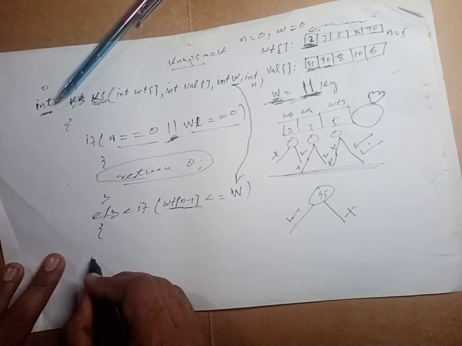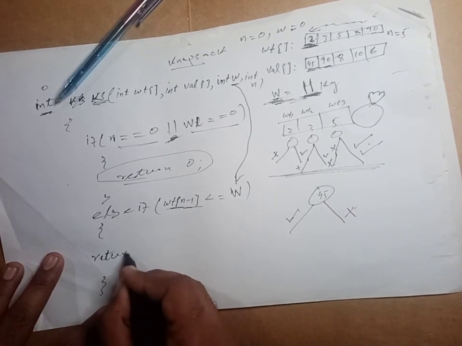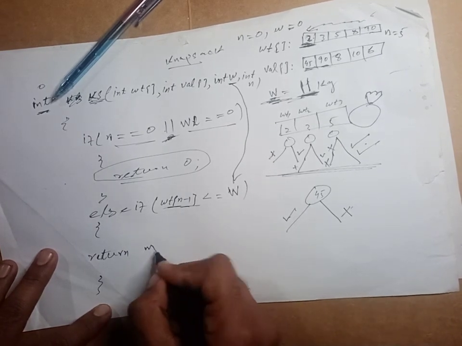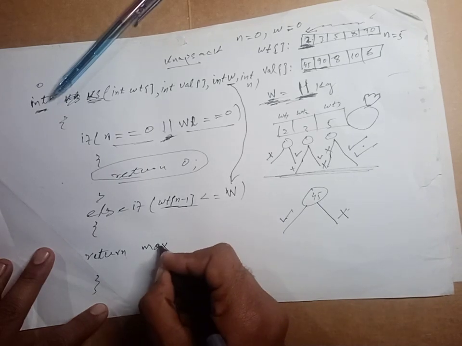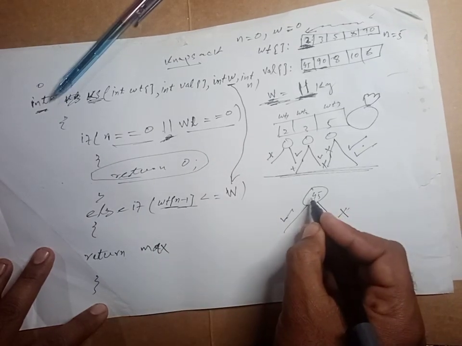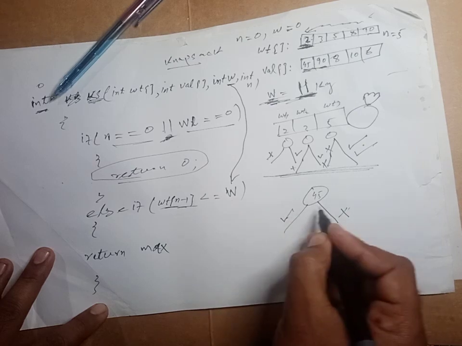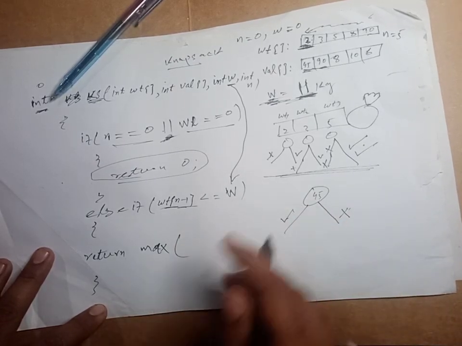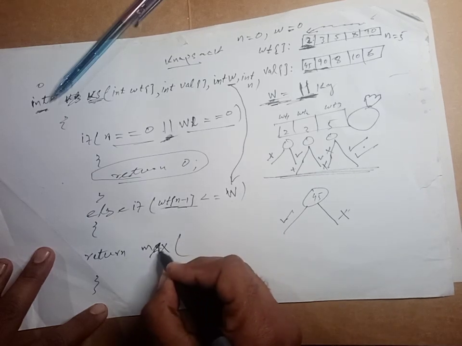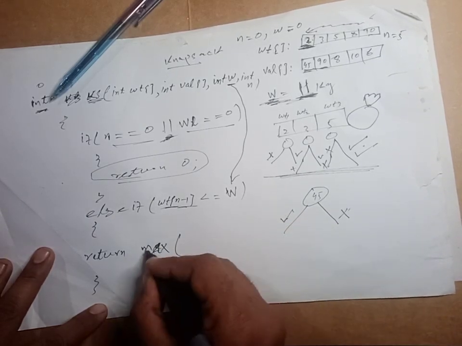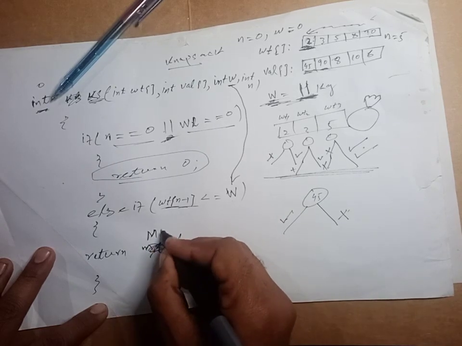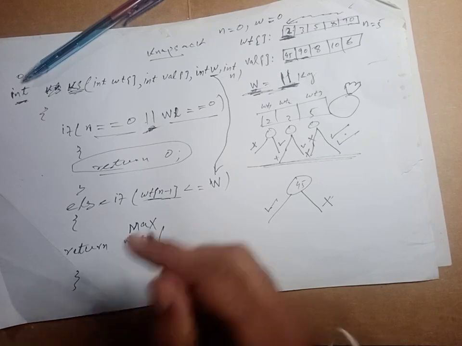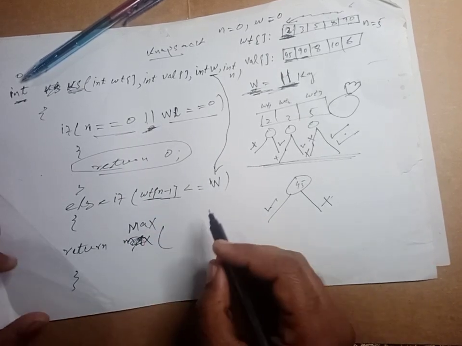For this, we will code it recursively like this: return what? Return maximum. This is the max function. This will decide the choice of the item to be selected or deselected. So max. I should write it for you to understand.